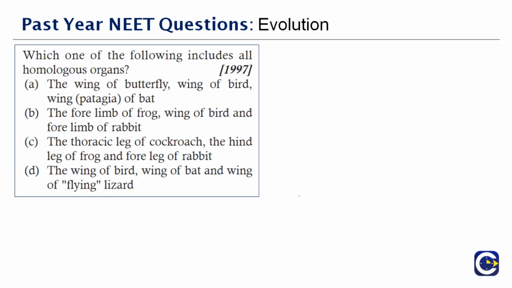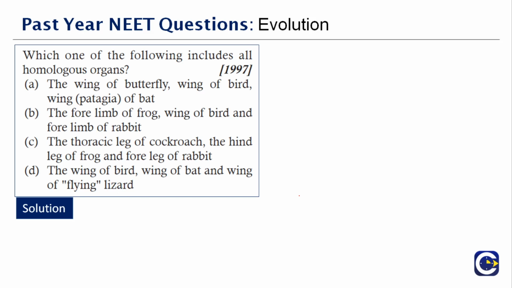Next question here. Which one of the following includes all homologous organs? I told you they are similar in structure but different in function. Based on that, you can analyze the statements: the wing of the butterfly, the wing of the bird, no. The forelimb of the frog, wing of the bird, and forelimb of the rabbit.